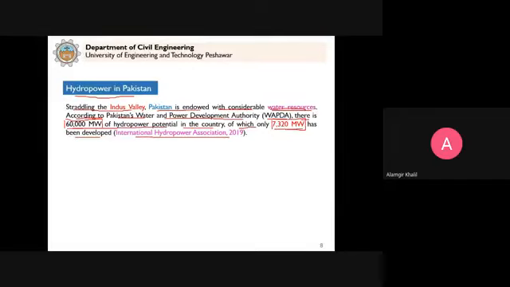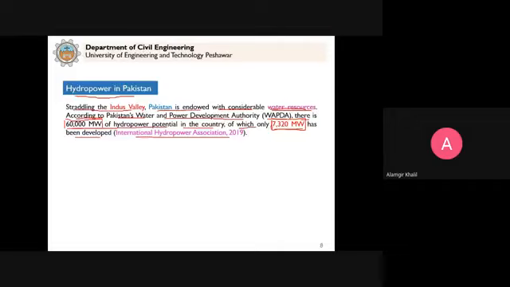But now you see that the government, in the last few years, is focusing on hydropower generation in Pakistan, and not only are extensions being done in the major dams. For example, you might have seen or heard in the news that we are extending the hydropower generation capacity of the Tarbela Dam.